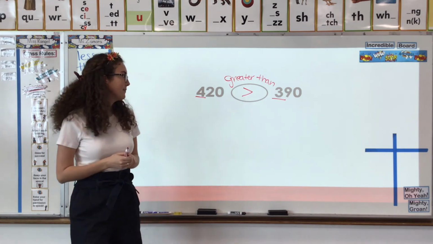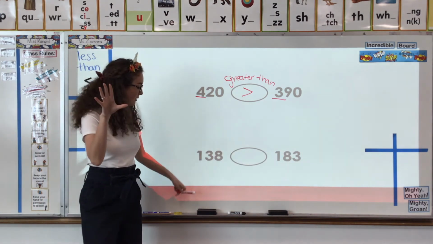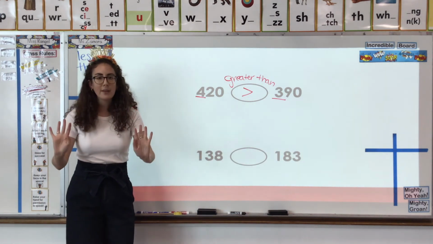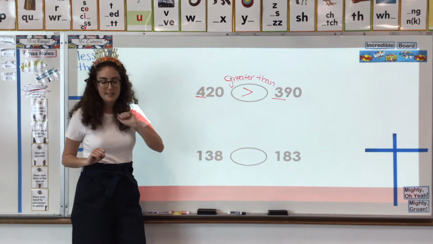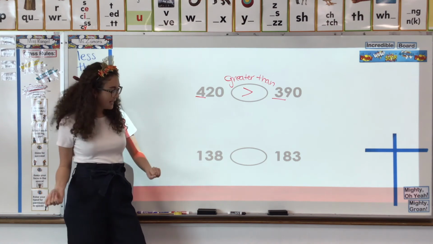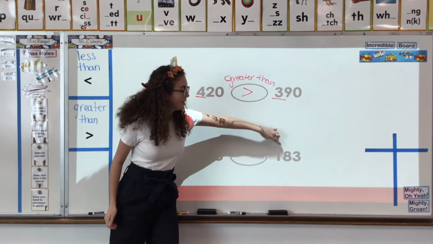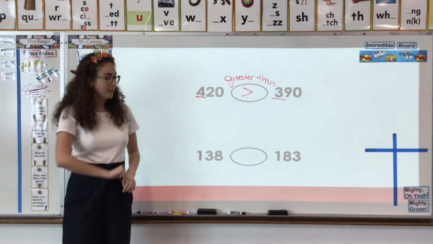Okay, second grade. So let's look at one more. Keep whatever you've got, and now underneath or next to it, I want you to draw this number sentence. We're going to compare 138 to 183. They look similar, but they're different.